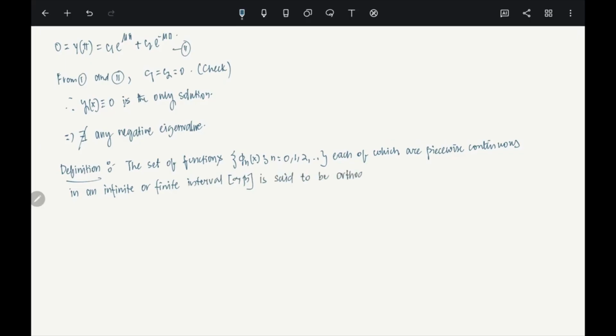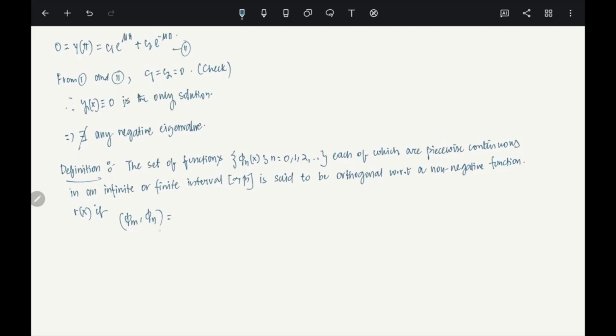The set is said to be orthogonal with respect to a non-negative function r of x if the inner product of phi m and phi n is 0.